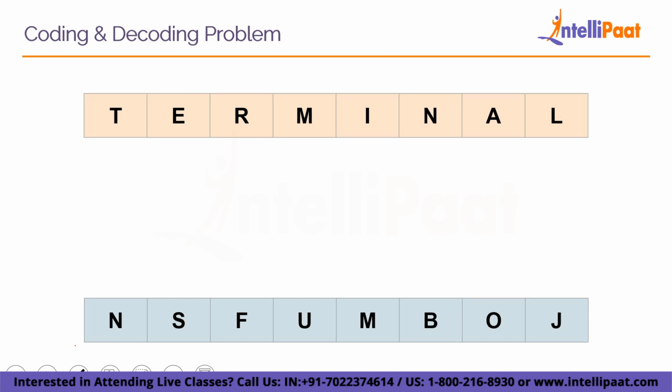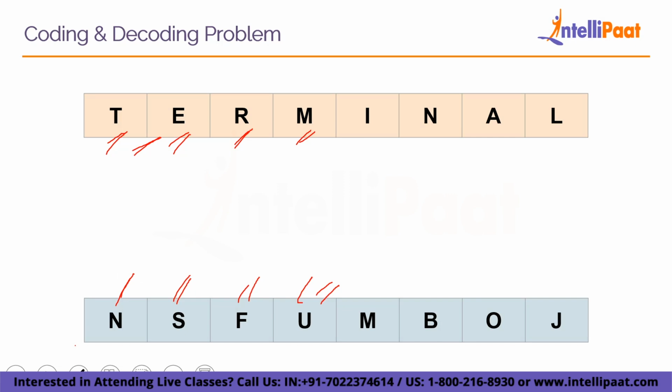You will get to notice one thing, that every next letter of these is present in this. So next to T we get U, next to E we get F, next to R we get S, next to M we get N, right?